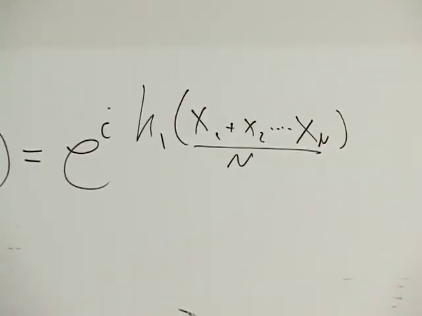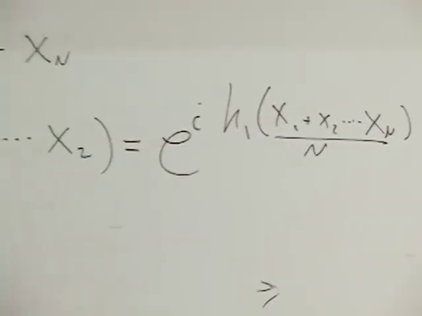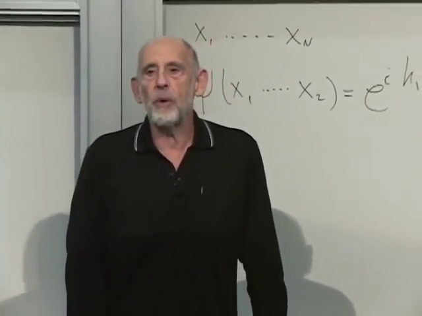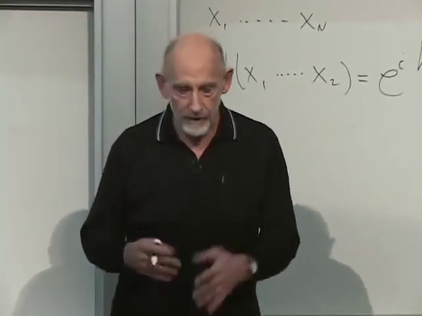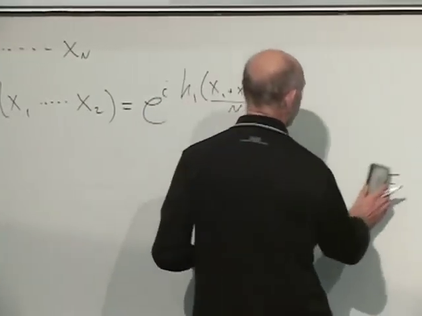Now, what about the rest of the wave function, which depends on the relative coordinates? Not the sum of them, but the distances between the neighboring particles. That's some wave function which characterizes the ground state. It depends on everything except the sums of the x's.